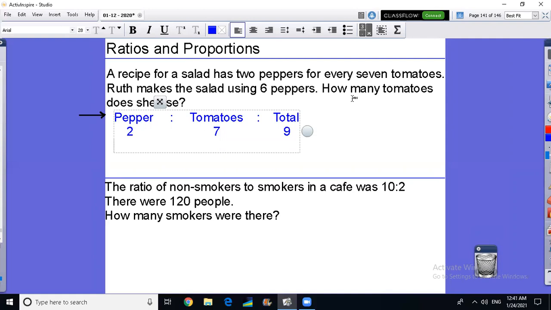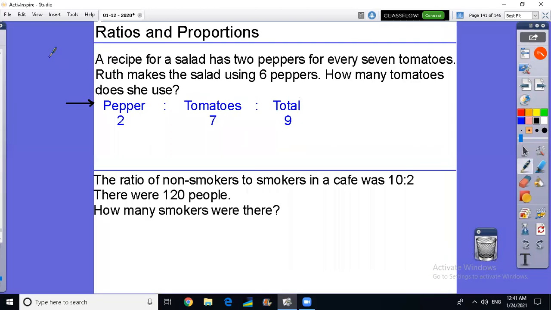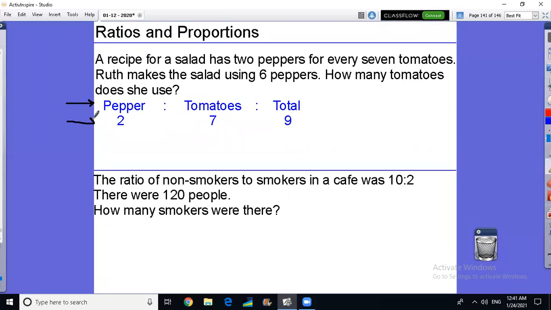Roth makes the salad using 6 peppers. The third line is always about something that changes in this fact. The fact says that for every 2 peppers there are 7 tomatoes, but the question says he makes the salad using 6 peppers.